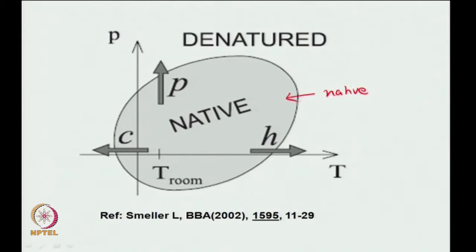This is within the ellipse, this is the phase space, or the pressure temperature space, where your protein is stable. That means, it is in the native state. The moment you move out of this elliptical region, your protein starts denaturing.